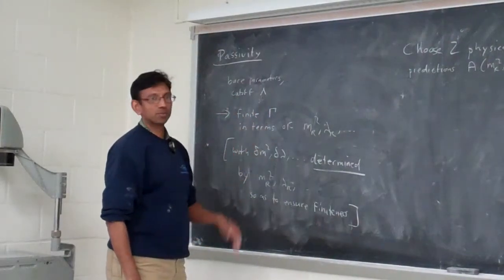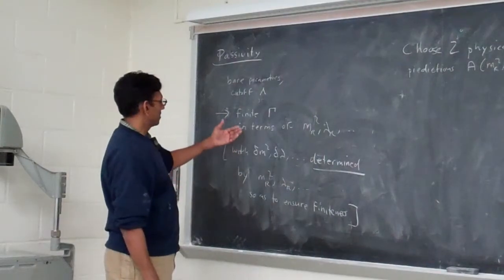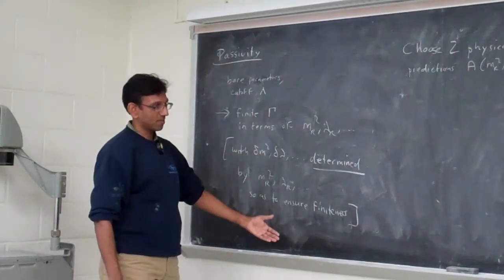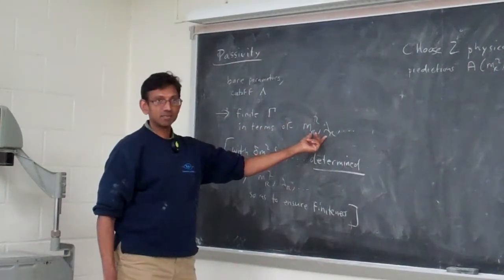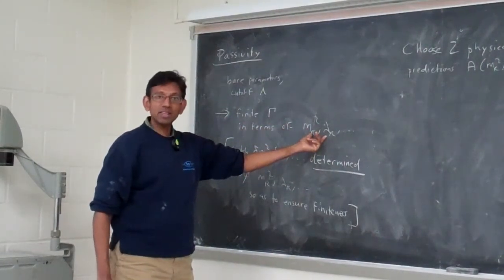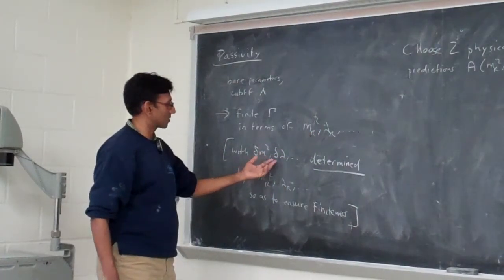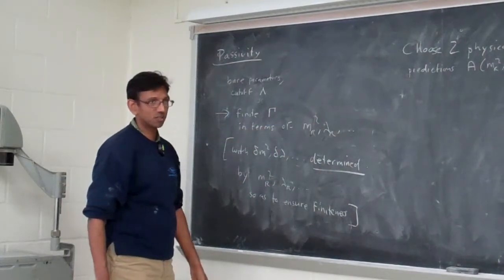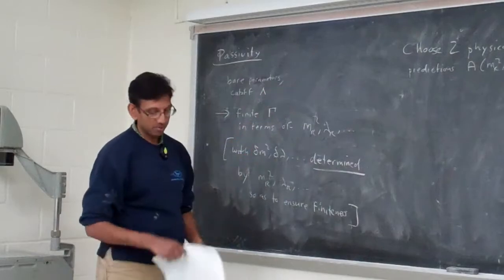So choose two physical predictions, two things that you can actually go out and measure. And because of this algorithm that we have, everything can be computed by just telling me these guys. And I will make things finite by choosing these counterterms to subtract out the divergences incurred at lower orders. Okay. So choose two physical parameters like this.